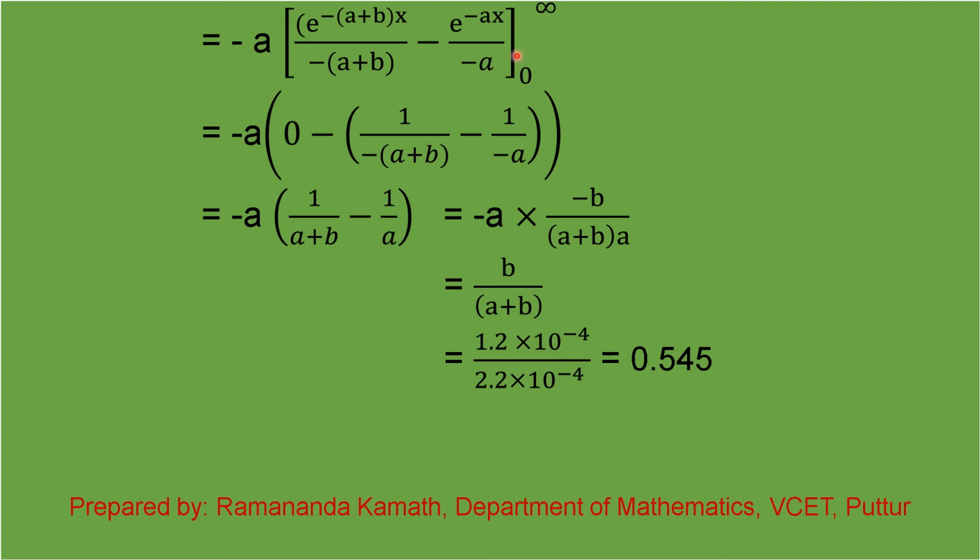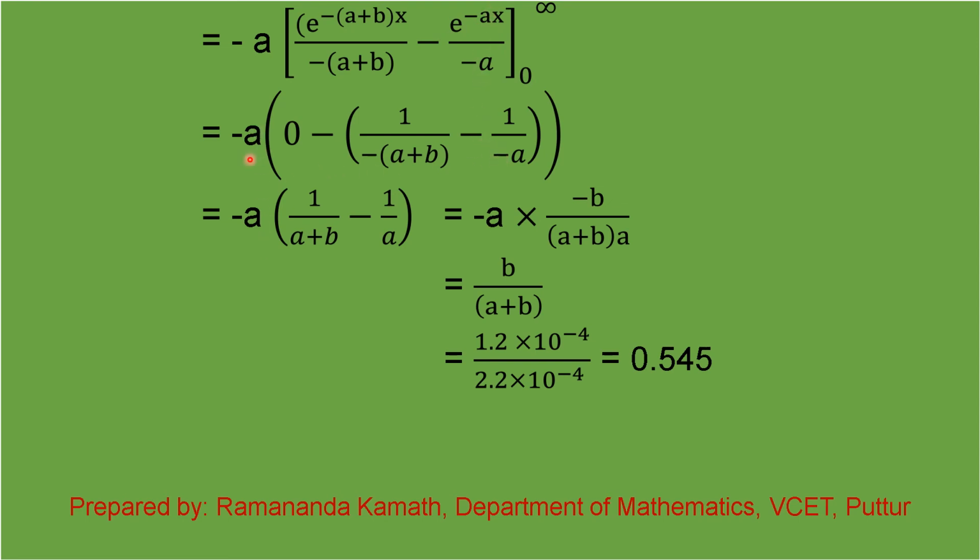So -a times, at the upper limit, put x as infinity: e^(-infinity) is 0, so this term is 0, and minus e^(-infinity) is 0, so 0 divided by -a is 0. That means at the upper limit the whole bracket is 0. Minus, at the lower limit put x as 0: e^0 is 1, so 1 divided by -(a+b), then minus, put x as 0, e^0 is 1, 1 divided by -a.